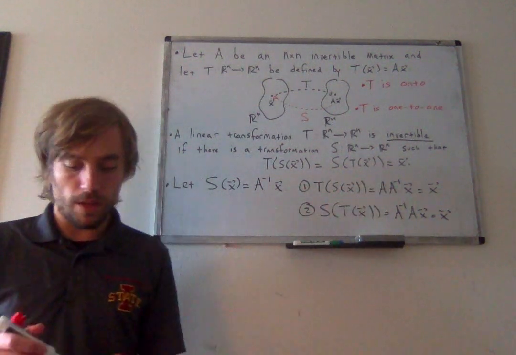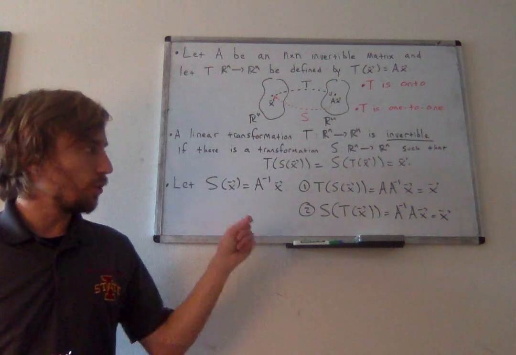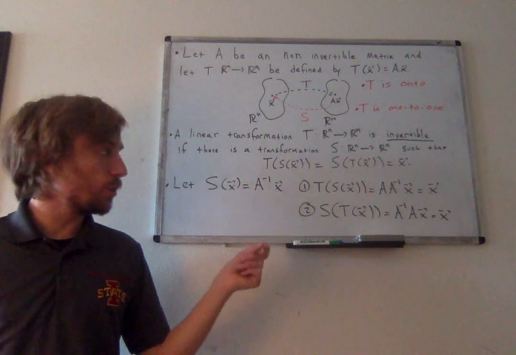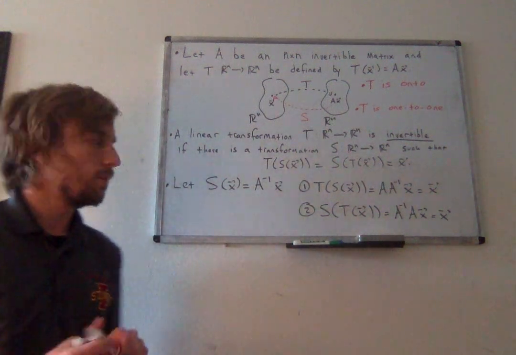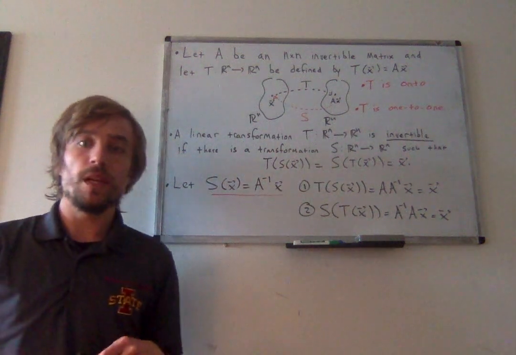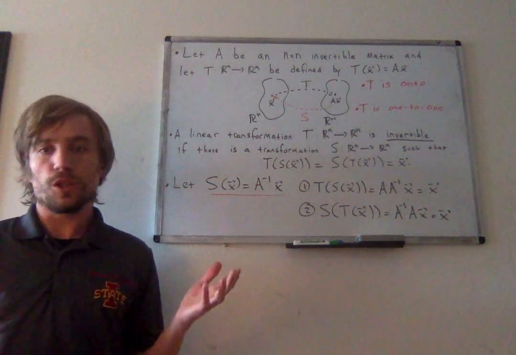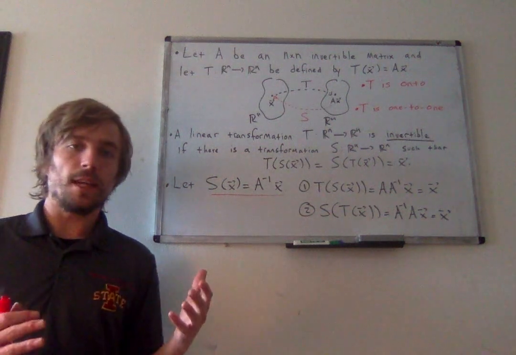A times A inverse is the identity matrix. And so those cancel out, and same with number 2, those cancel out. And so it turns out the inverse of a linear transformation is exactly just the transformation defined by the matrix inverse. So not super surprising, but still good to state.